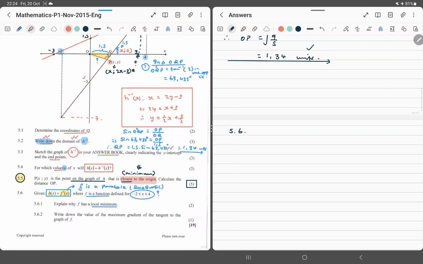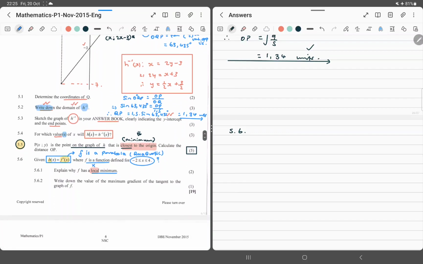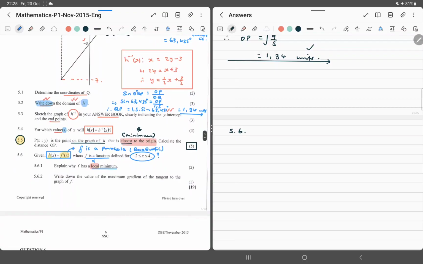Now, my only fight with this one: for a parabola, that word does not exist. You can't say local minimum. Why? Let's look at our parabola. We've got a positive gradient, so it means our a value is greater than 0 for our f, suggesting that our f is like this.